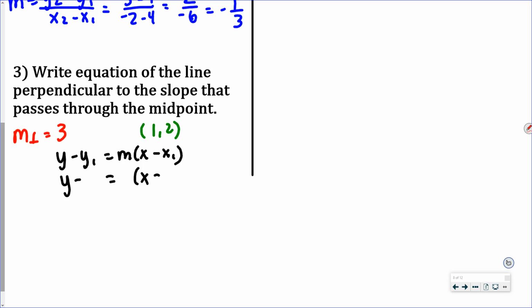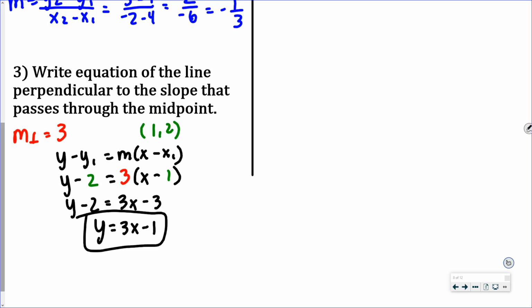We know the slope is 3, and we know the point is 1, 2. Okay, let's put this into slope-intercept form. Distribute the 3. Add over the 2. That would be the equation of the line that's a perpendicular bisector.